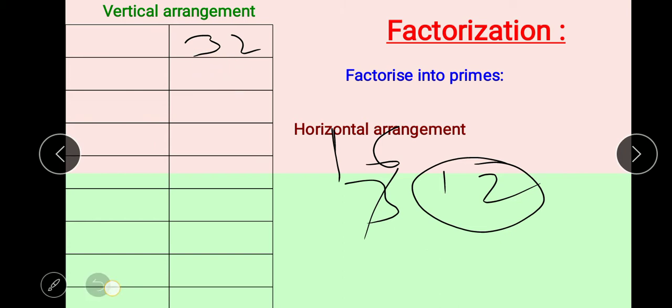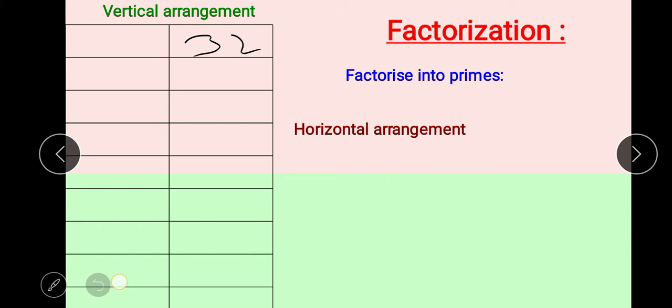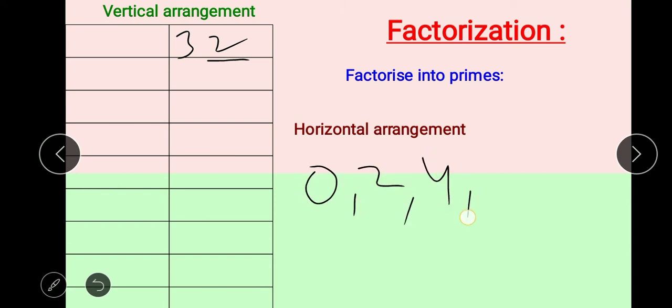I'll repeat, students. First you will check whether the given number 32 is divisible by 2 or not. How to check? You will see whether the last digit is 0, 2, 4, 6 or 8.